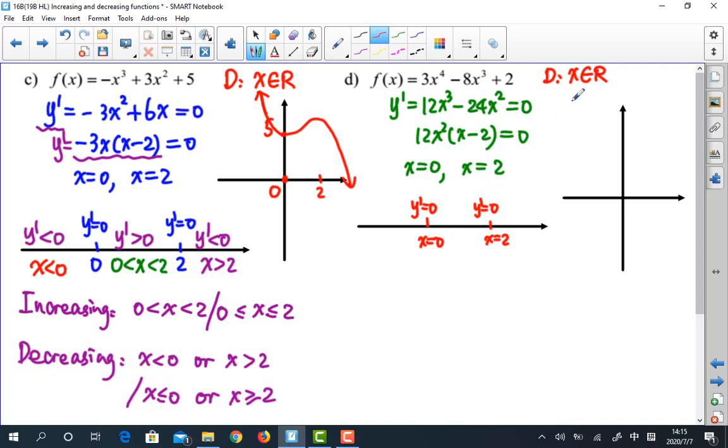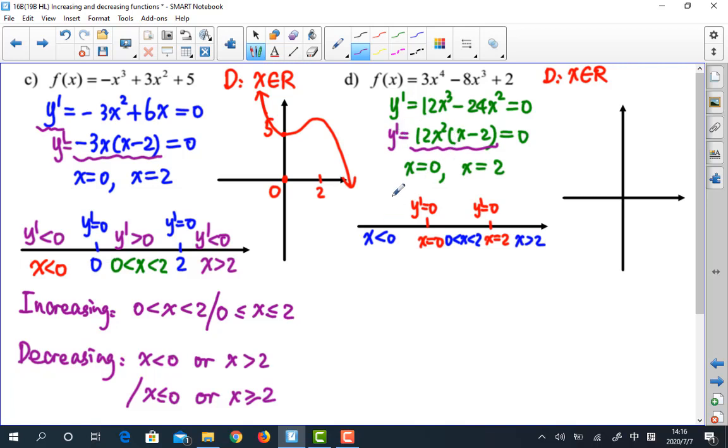And these 2 points can chunk negative infinity to positive infinity into 3 intervals again: x is less than 0, x is between 0 and 2, x is greater than 2. Let's determine the sign of the y prime in each interval. Pick up any x value and sub into this factored form of the y prime to test the sign of y prime.